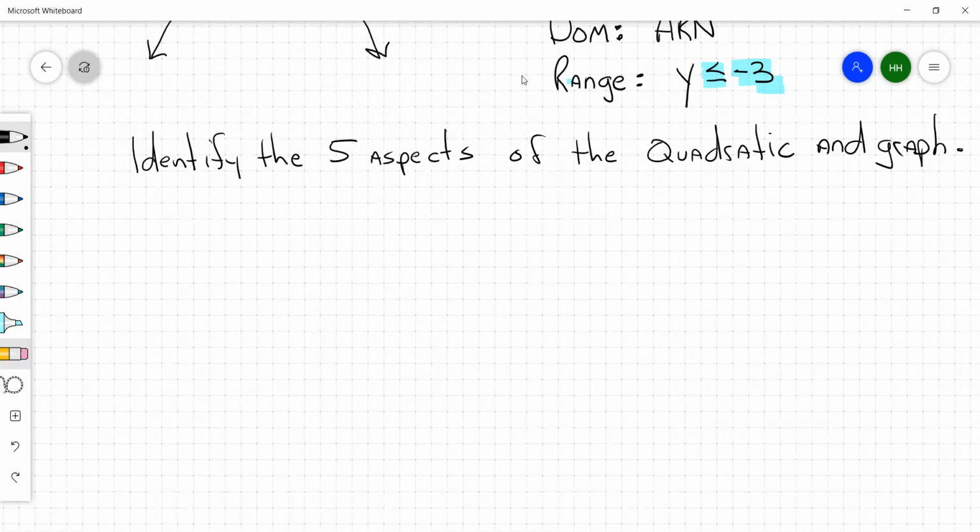So if you are given f of x is equal to x minus 1 squared plus 2, we got a vertex that's at 1, 2.